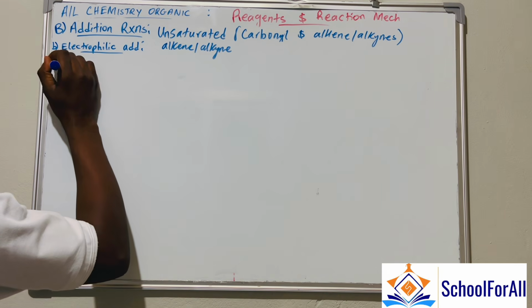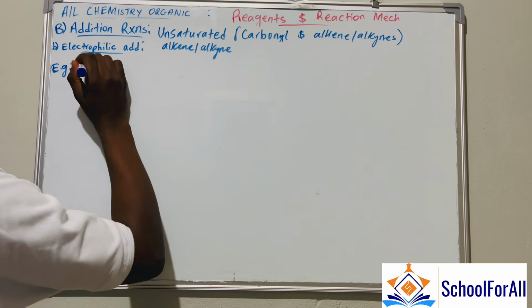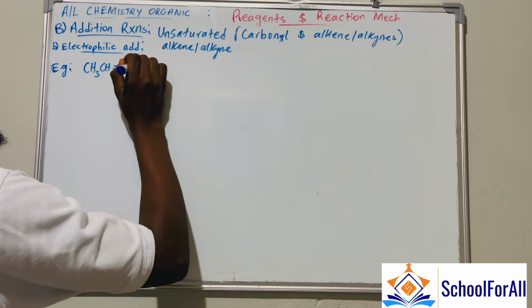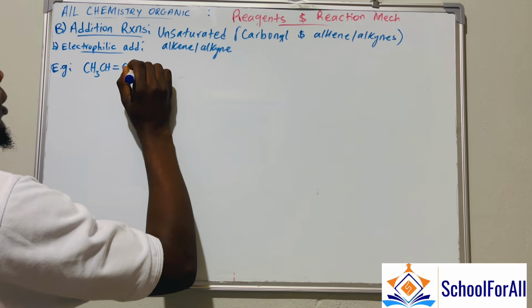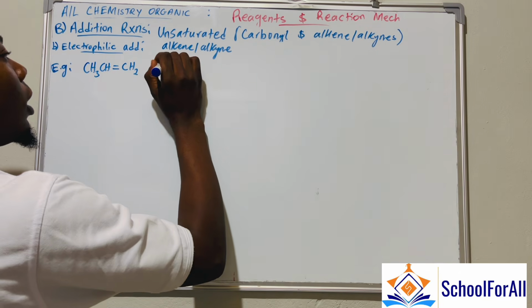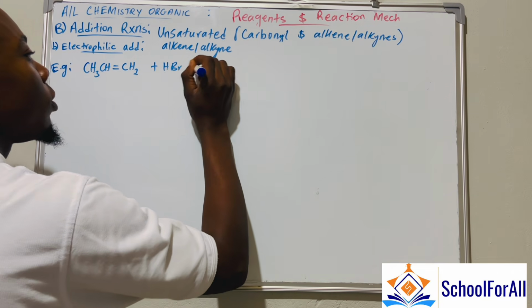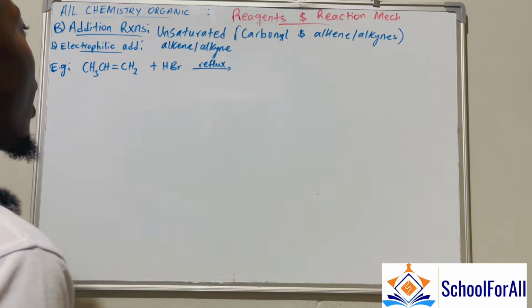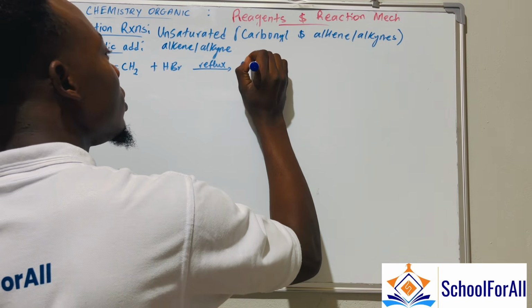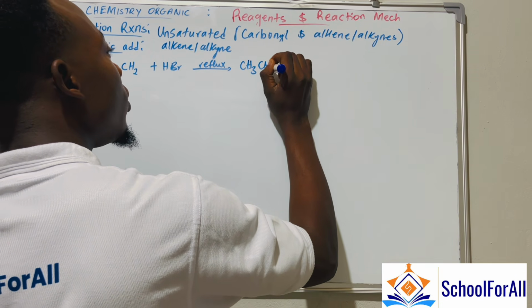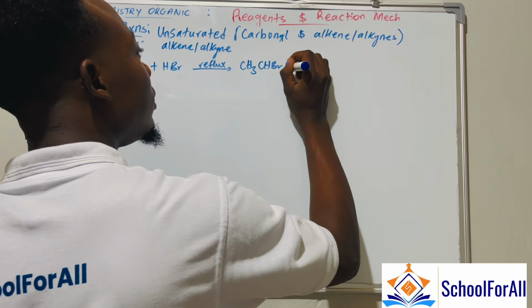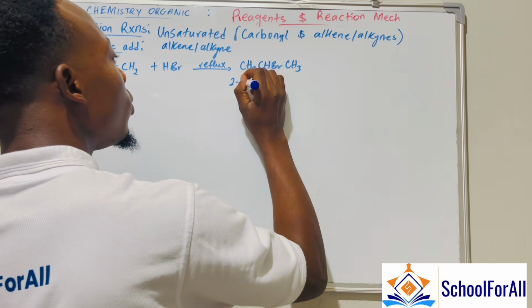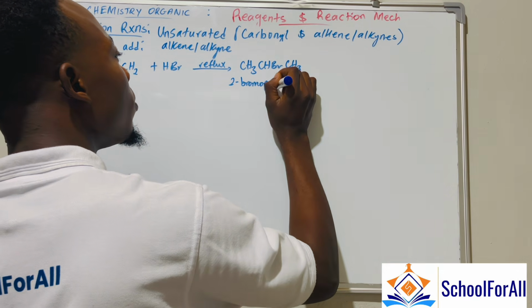Now if you see, for example, if I am having this molecule of propene, and I combine it with hydrogen bromide under reflux, I will have as major product CH3 CHBr CH3, which is 2-bromopropane.